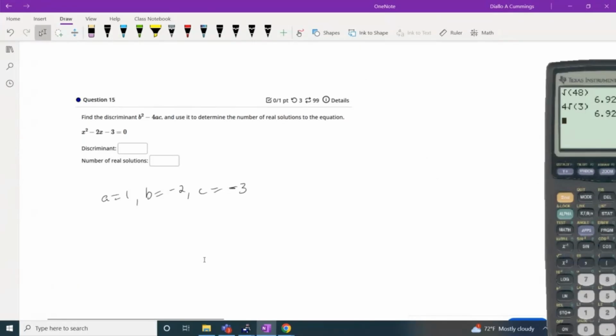Remember, it would still have to be in standard form. So we're going to put in b squared, that's -2 squared, minus 4 times 1 times -3.